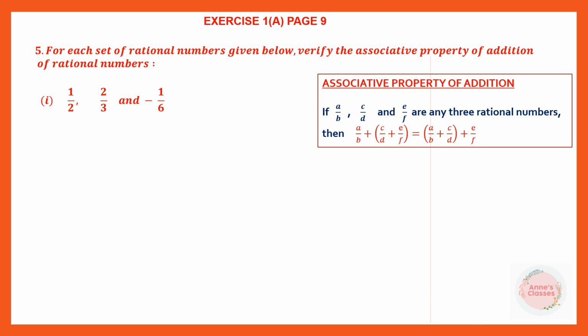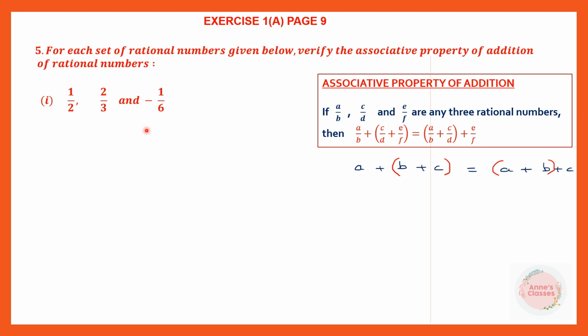Suppose I take simple terms like A plus B plus C. Even if my grouping is different, that is, if I group it like A plus the sum of B and C, or the sum of A and B plus C, my answer is still going to be equal to each other. So this is called the associative property of addition, and we have to verify this property in these sets of rational numbers that's given to us.